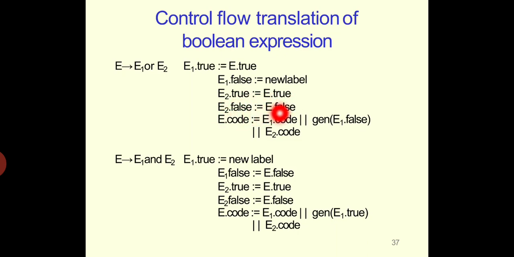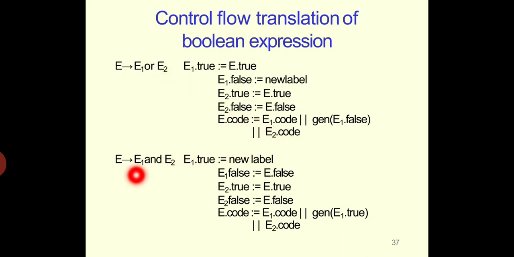E2 dot false is E dot false. So the code for E will be E1 dot code, generate E1 dot false, then E2 dot code. To generate the code for E, we generate the code for E1, and if E1 is false, we execute E2.